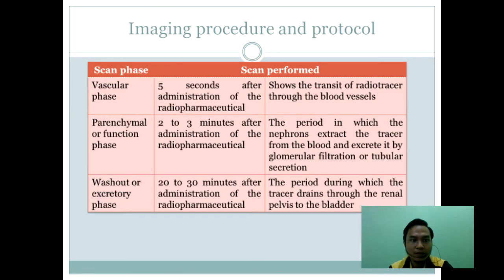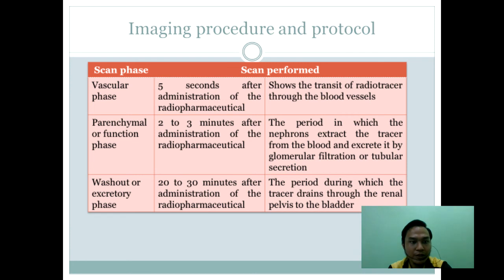Vascular phase is performed immediately, 5 seconds after the administration of radiopharmaceutical. This scan shows a transit of radiotracer through the blood vessel. Then parenchymal phase is performed 2 to 3 minutes after the administration of radiopharmaceutical.